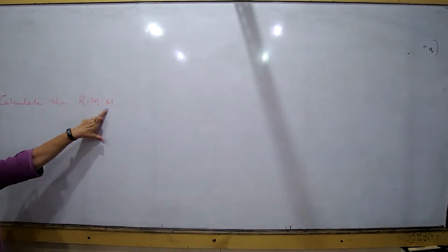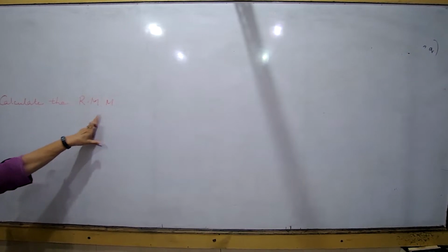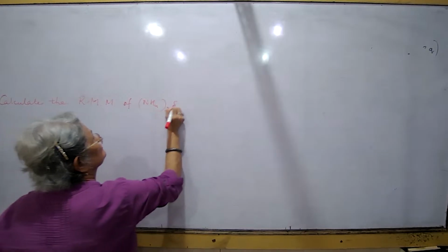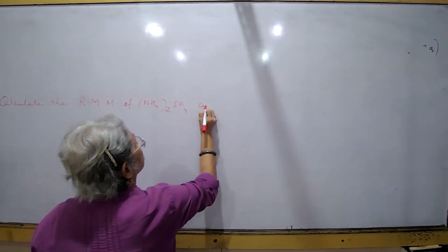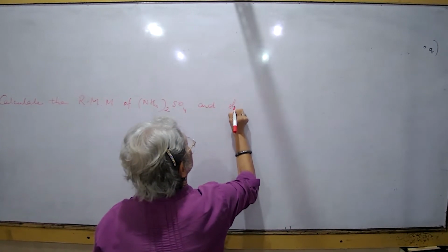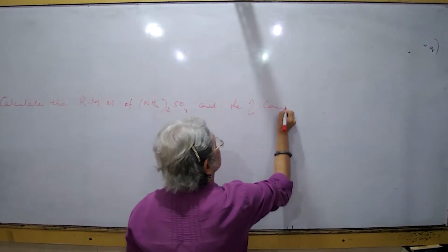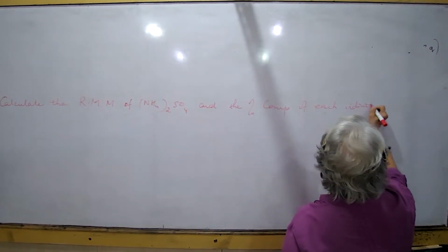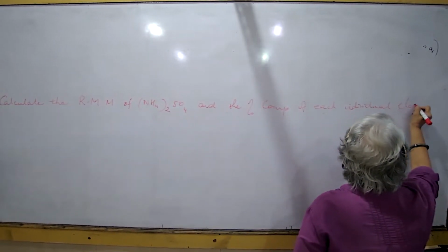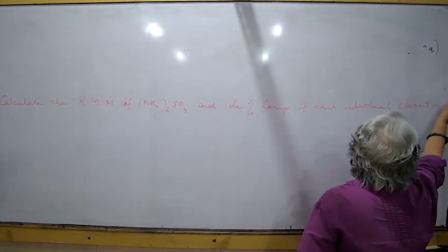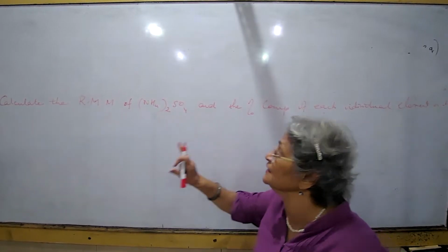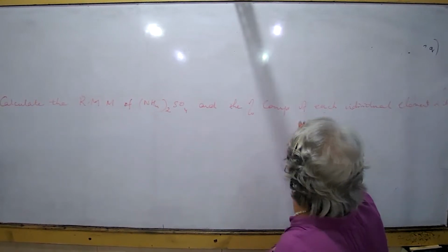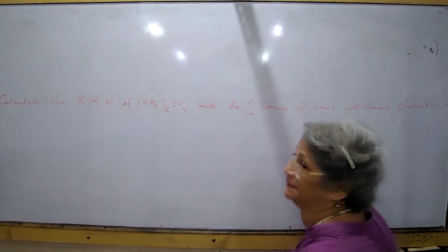This is relative molecular mass, RMM, okay? Calculate the relative molecular mass of ammonium sulfate and the percentage composition of each individual element in it.